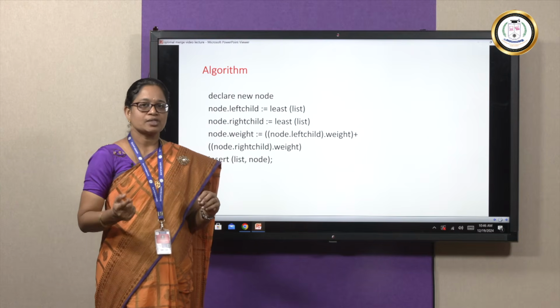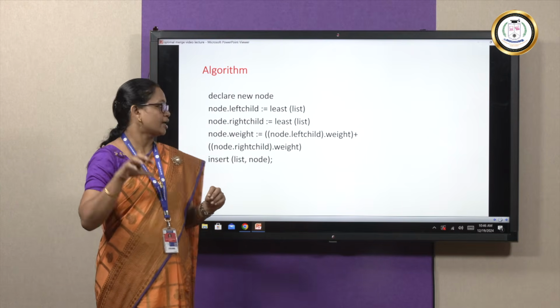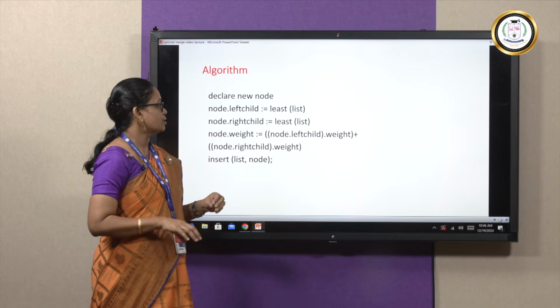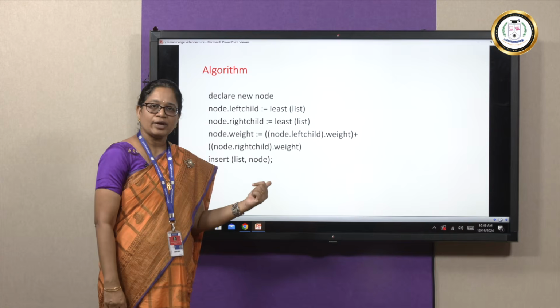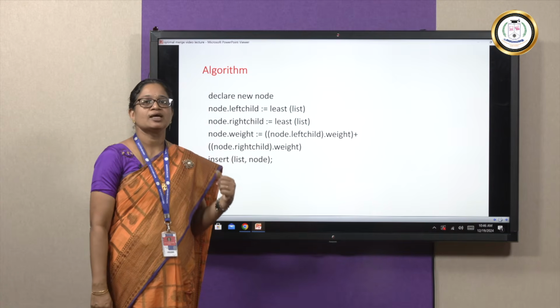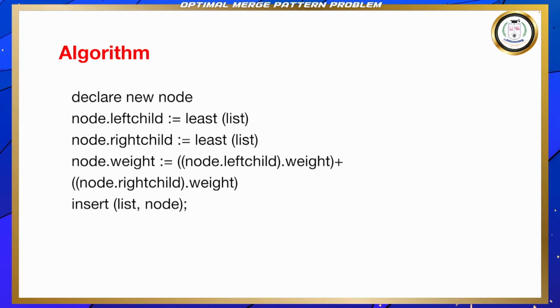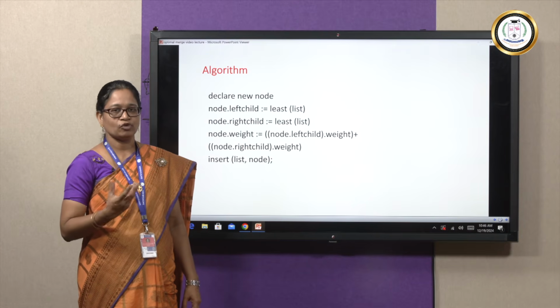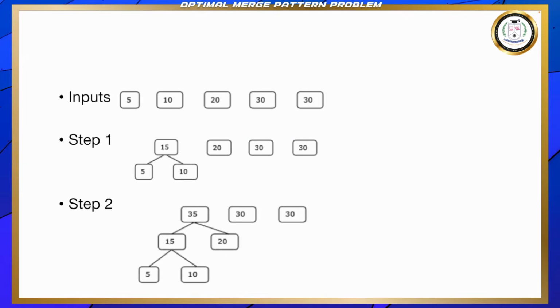The next minimum size file will be taken as the right node, and the intermediate node weight will be the sum of the left node weight and that of the right node weight. Now insert this new node into the list. So this is a small algorithm for declaring the new node and inserting the new node into the list. The merging operation is very clearly explained via this diagram.